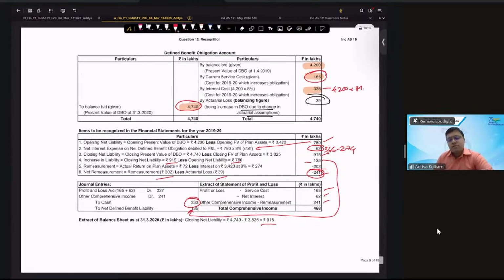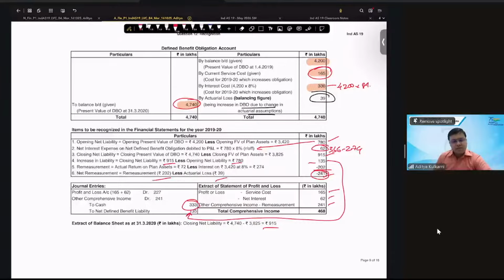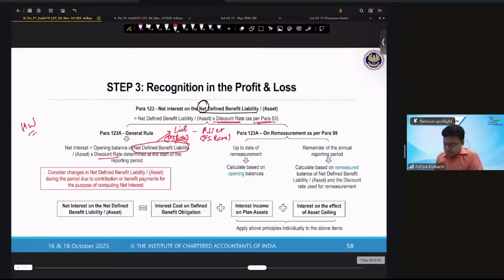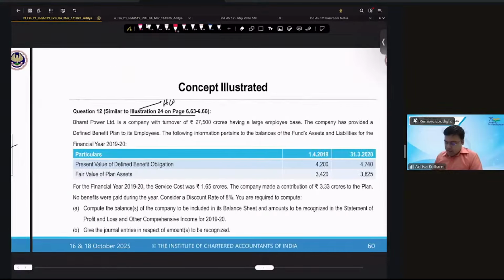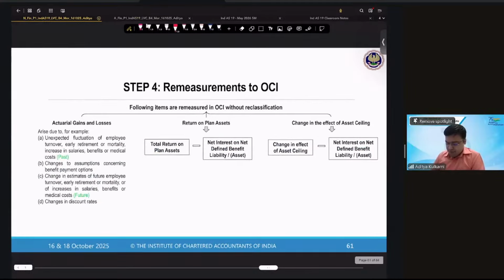So this is a typical examination question that you can expect. This is somewhat similar to what you can expect in your questions on Ind AS 19. Recognition in P&L, this is done. Remeasurements to OCI also we have done.